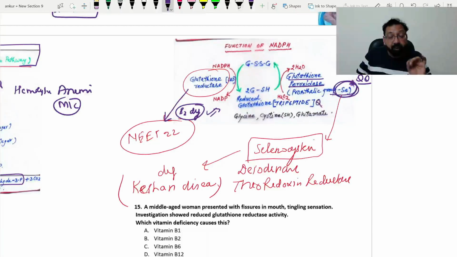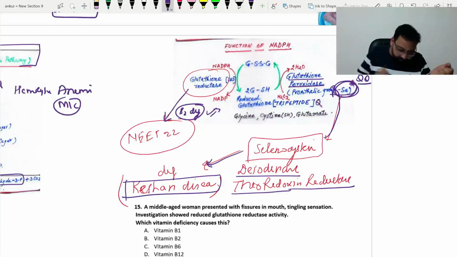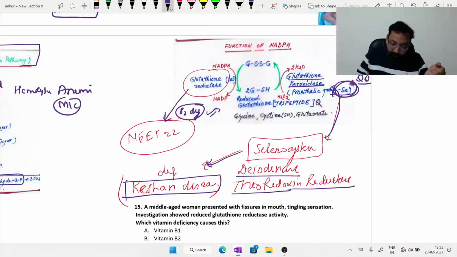Nowadays we say selenocysteine, the 21st amino acid, is present in glutathione peroxidase. Other enzymes are deiodinase and thioredoxin reductase, in which selenium is a cofactor or prosthetic group, or selenocysteine is present. Deficiency of selenium leads to Keshan disease, which is a cardiomyopathy.